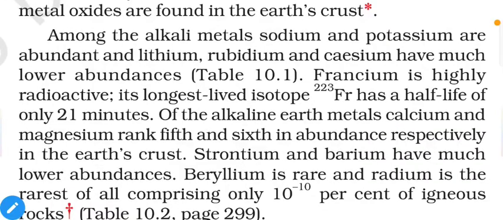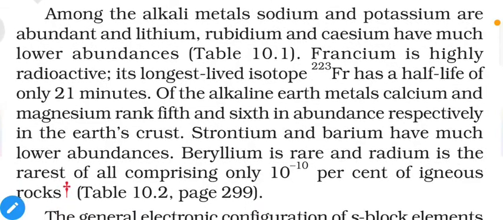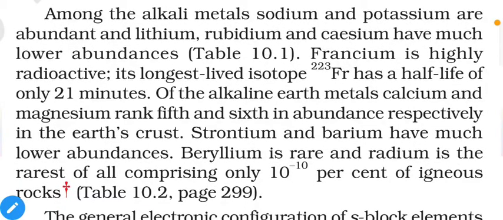The earth crust means the thin rocky outer layer of the earth. Among the alkali metals, sodium and potassium are abundant, and lithium, rubidium and cesium have much lower abundance, which will be discussed in the upcoming table. Francium is highly radioactive. Its longest lived isotope, francium-223, has a half-life of only 21 minutes.